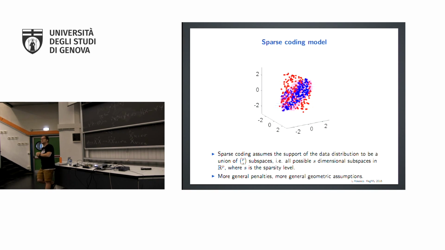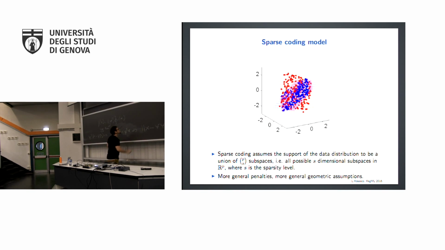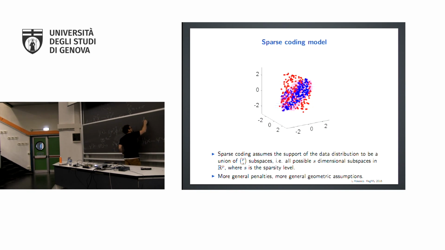So if I give you signals of dimension d, and I tell you that the sparsity of each signal is s, what is the biggest set they can lie on? Can they lie in the full space? No, because each of them is sparse.